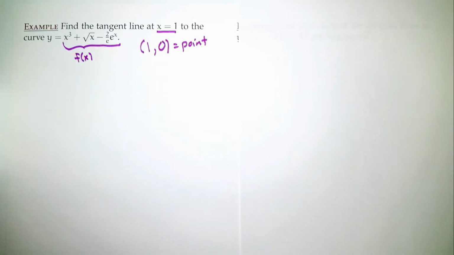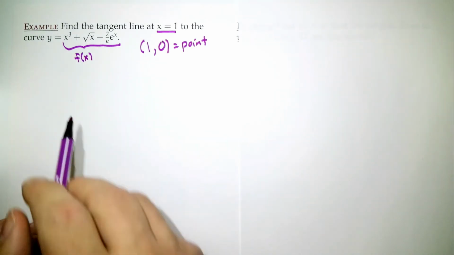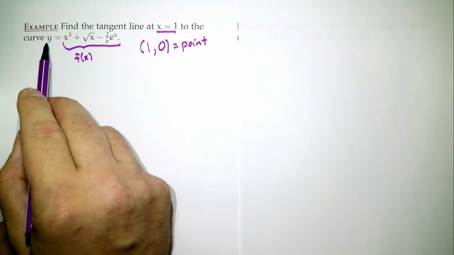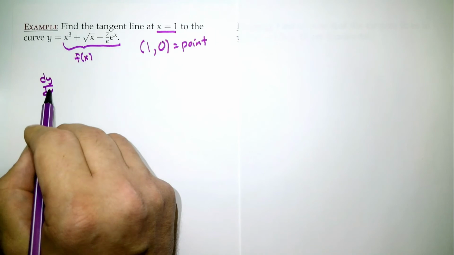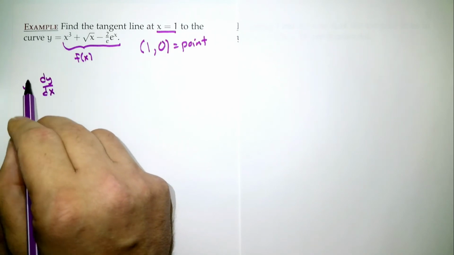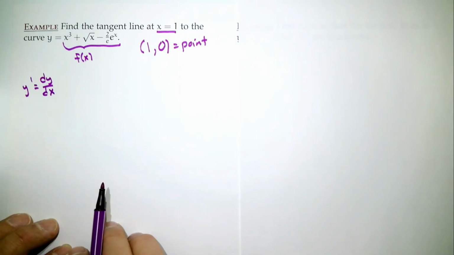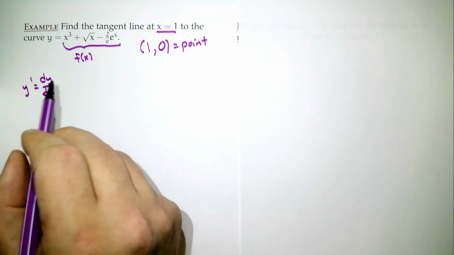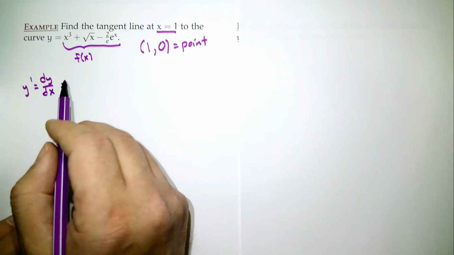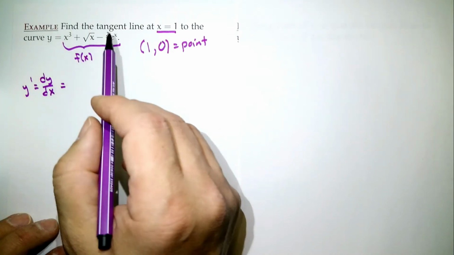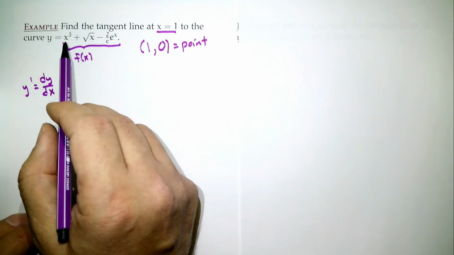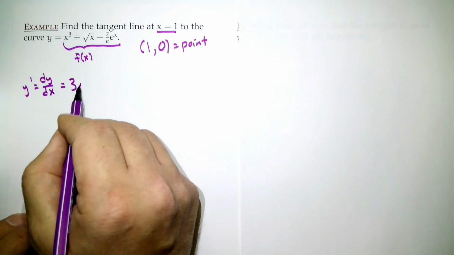How do you get the slope? Derivative. So we denote the derivative of y as dy dx, or we could write it as y prime. So y prime, which is dy dx, all right, we're going to try to do it without doing all the intermediate steps. We're going to just go through it piece by piece. The derivative of x cubed? 3x squared. Good.